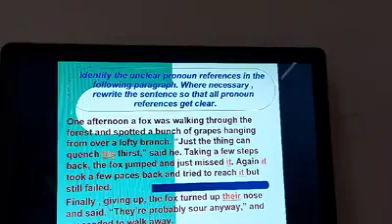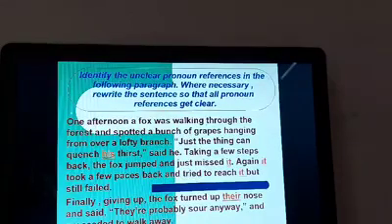So we are going through the text now. One afternoon a fox was walking through the forest and spotted a bunch of grapes hanging from over a lofty branch. "Just the thing can quench his thirst," said he.